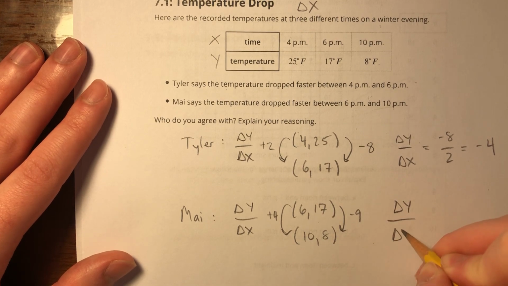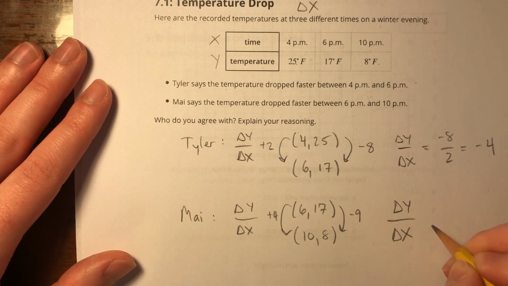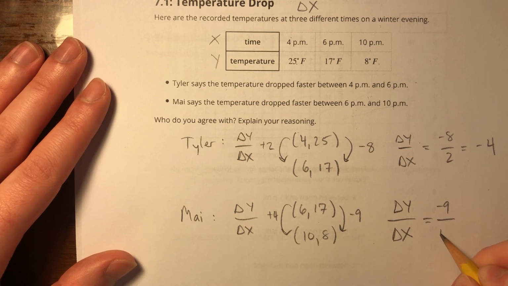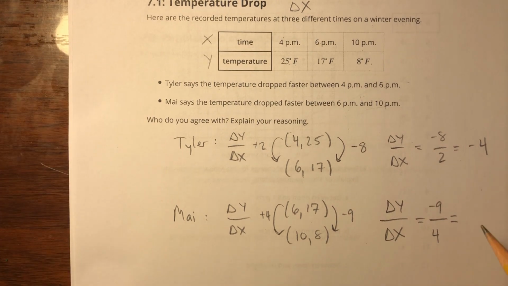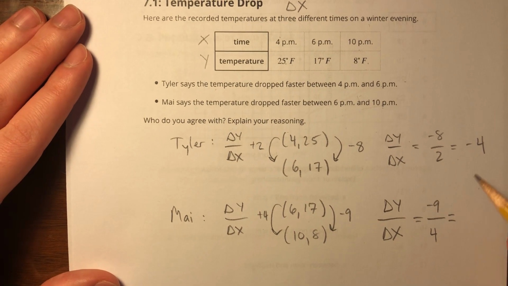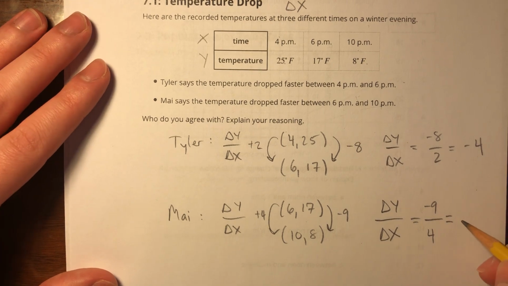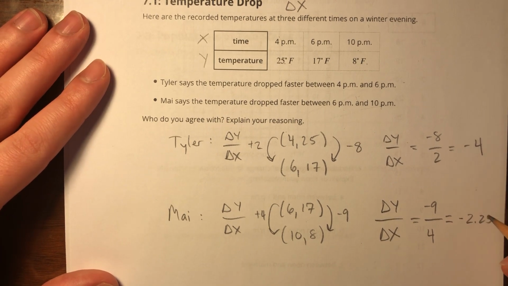So my change in y over change in x, my y changed negative 9, my x changed 4, and that is equal, we could leave it as a fraction, but it's sort of difficult to compare to 4 in this fraction. So that is equal to negative 2.25.